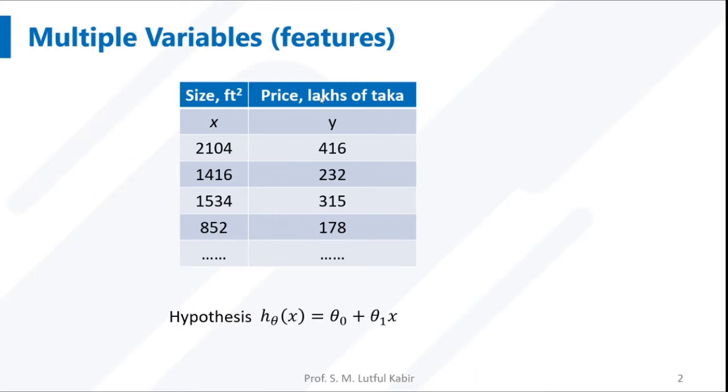And the price of the houses, which is the target price, we can call the predicted variable y. The hypothesis was defined as h(x) equal to theta 0 plus theta 1 x, where theta 0 is the intercept of the line and theta 1 was the slope of the line. So there are two parameters, theta 0 and theta 1, and a single variable or single feature.